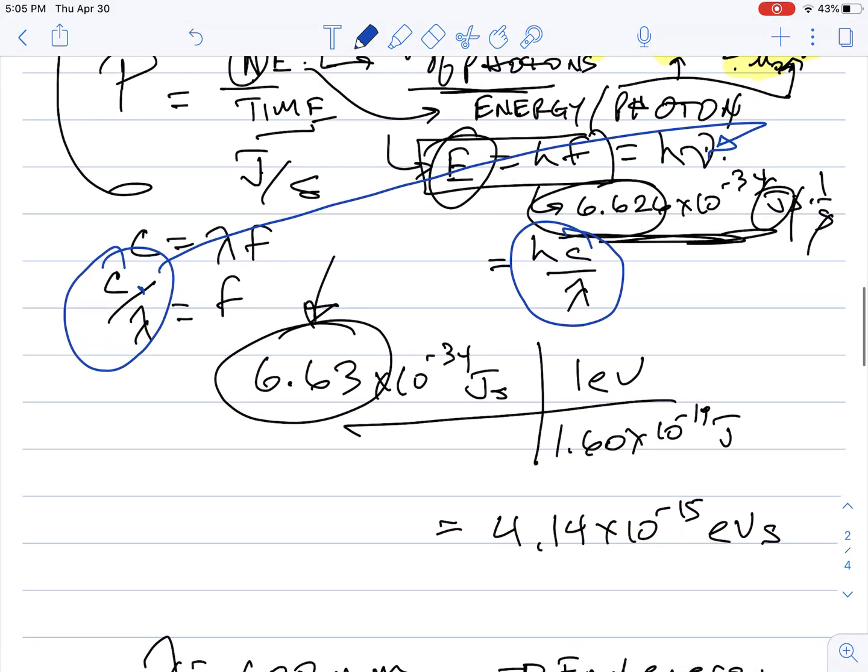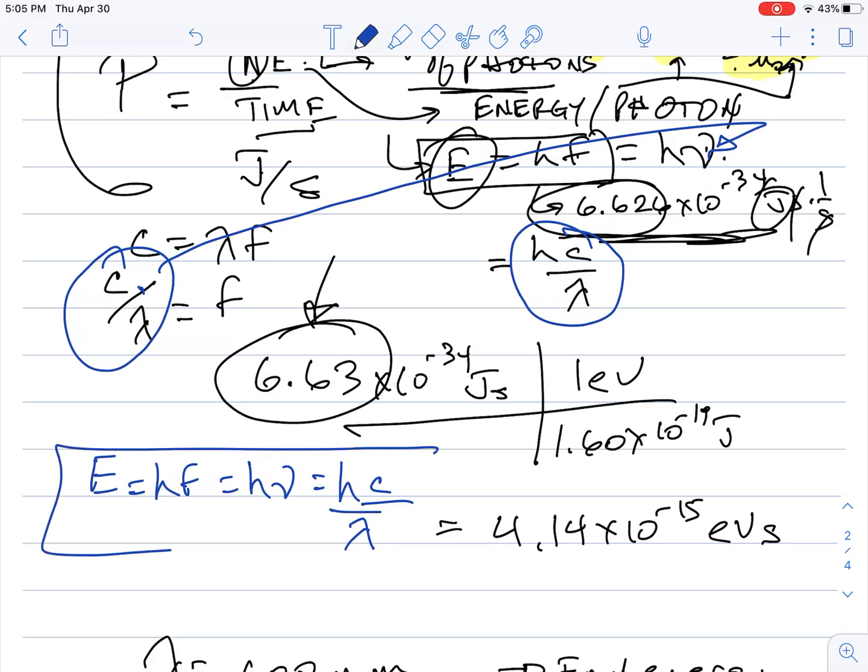So there's 3 ways that you can calculate your energy. You can use hf, you can use h nu, you can use hc over lambda. I don't care which one you pick. It just depends upon what you're given in the problem.